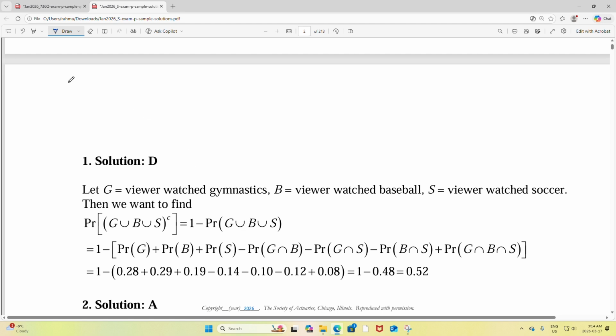A union B. This union essentially means or.